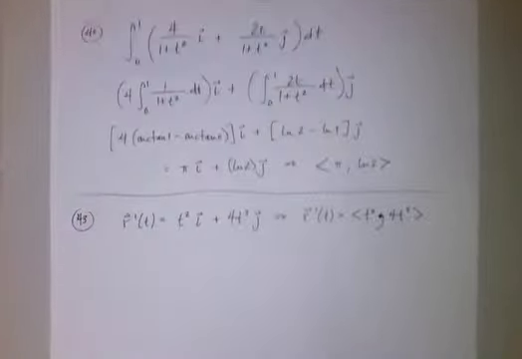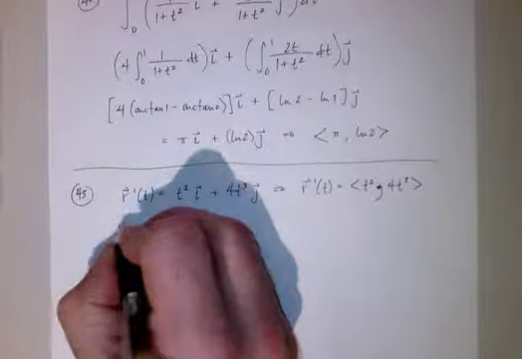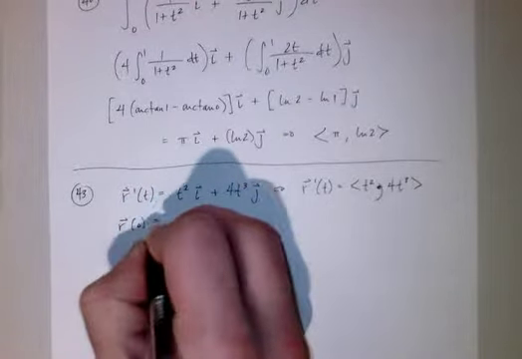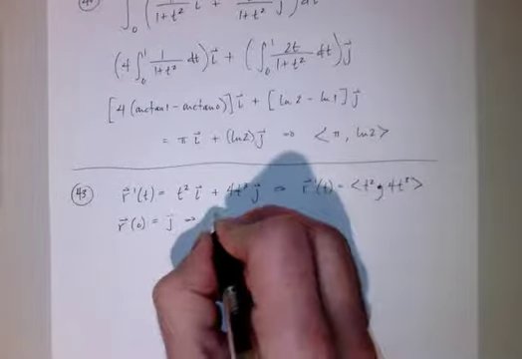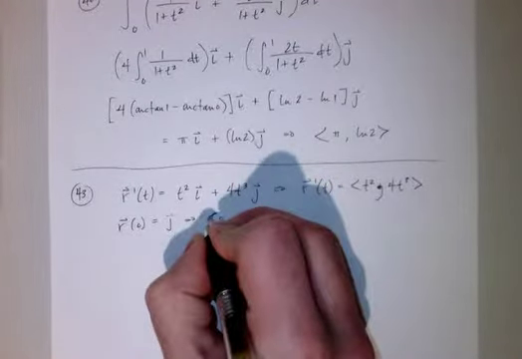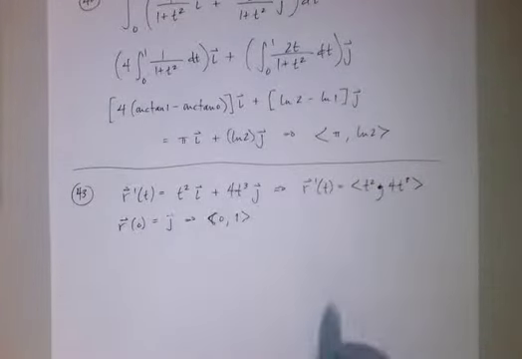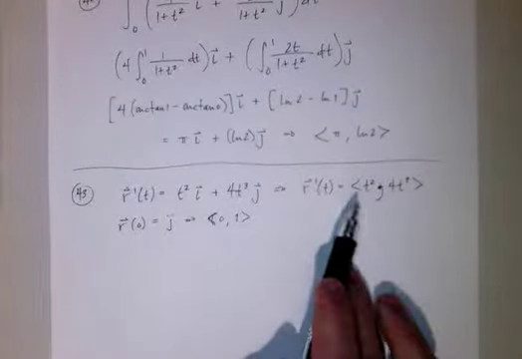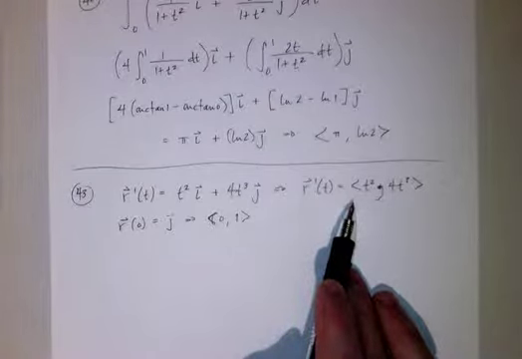Well, if we're given that and we are told that r of 0 is equal to j, or of course what that means is in component form 0, 1, can I take the antiderivative of this and find out what r is, like what the original function is?